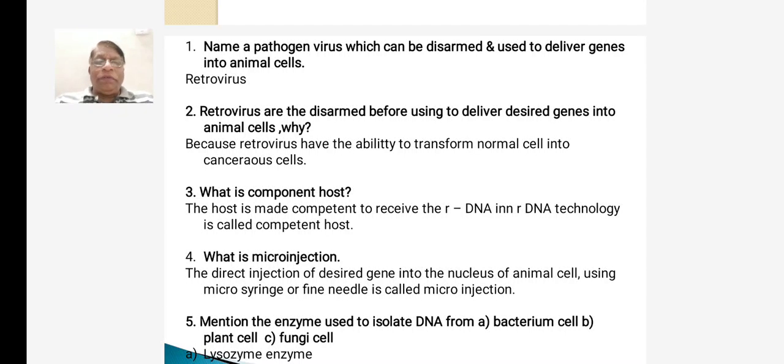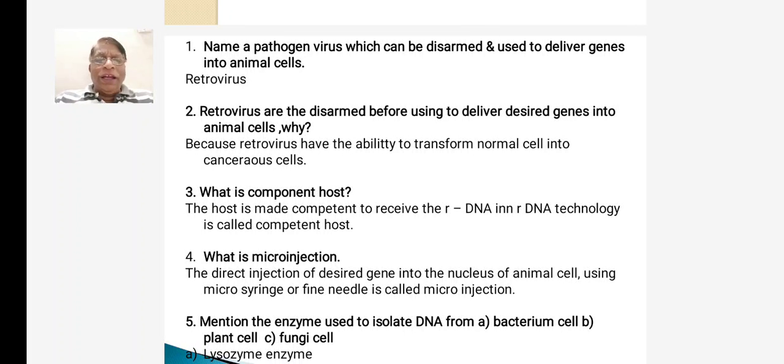Next question. What is competent host? The host in which the desired gene is introduced. The organism in which desired gene is introduced is called the host. What is competent host?